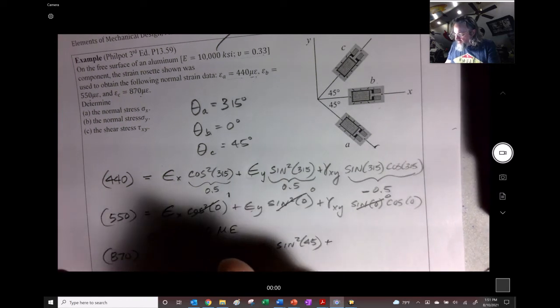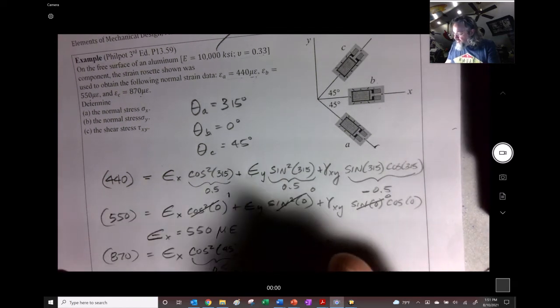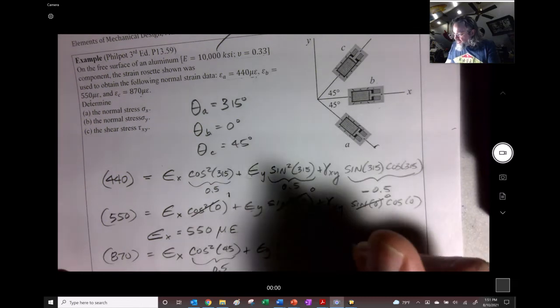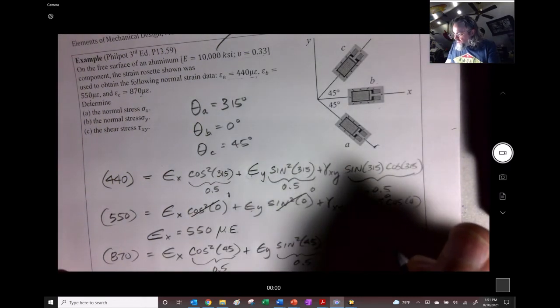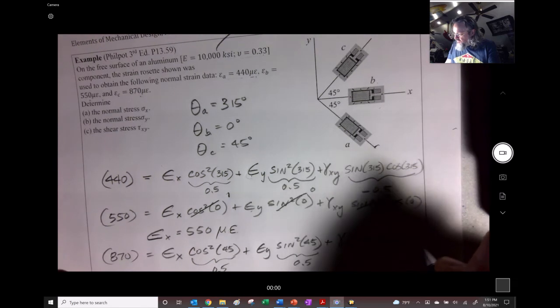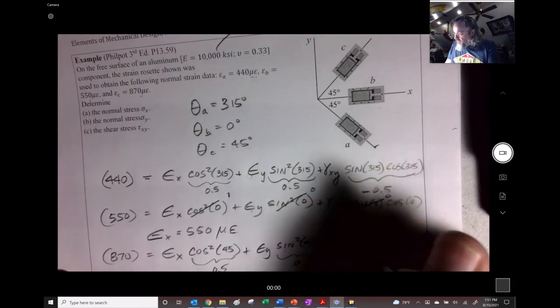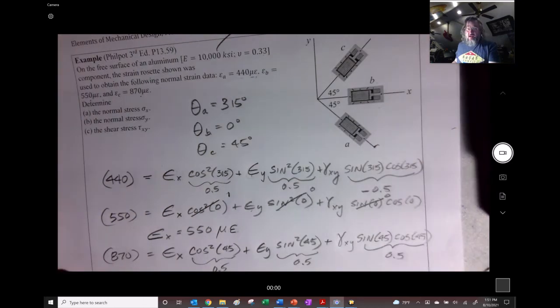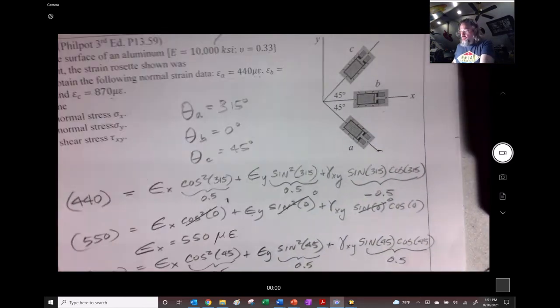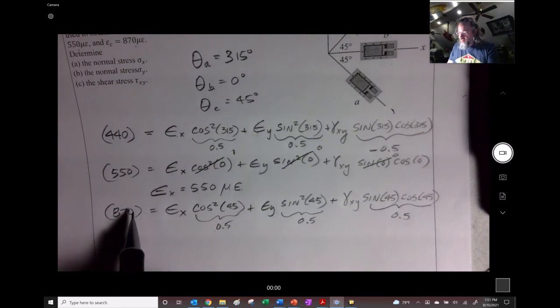That's just going to be 0.5, and that's just going to be 0.5. But here we have the gamma xy and sine of 45, cosine of 45, and this one right here is going to be positive 0.5 right there, right?